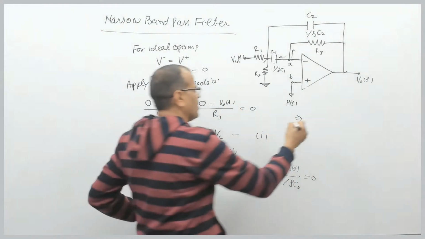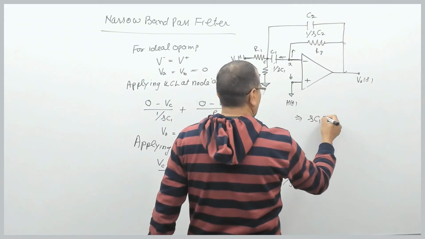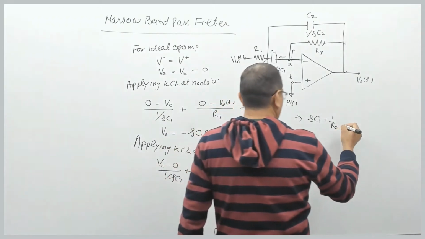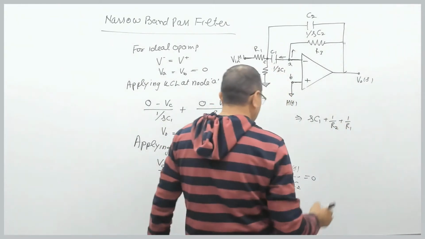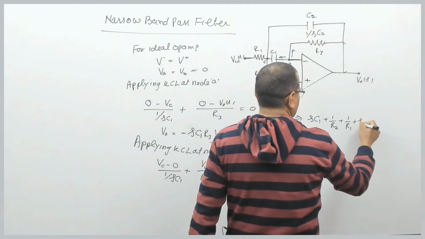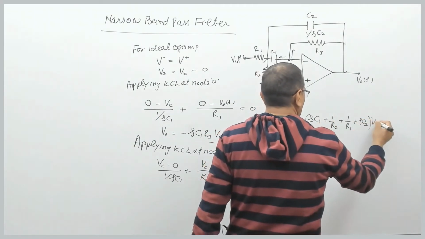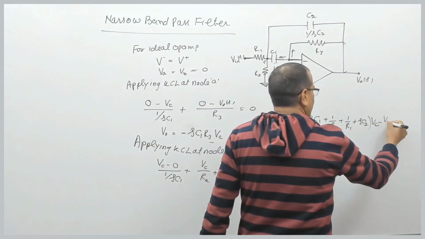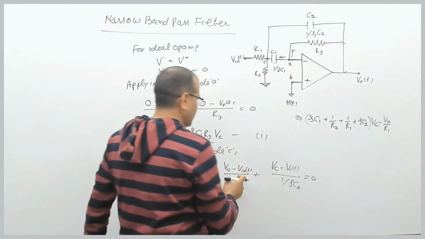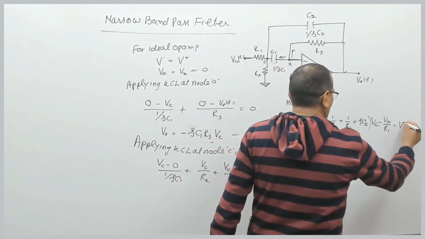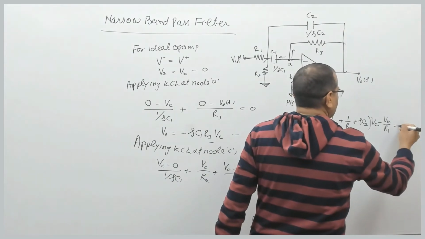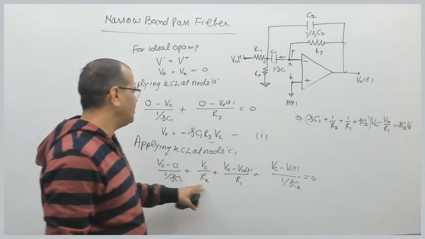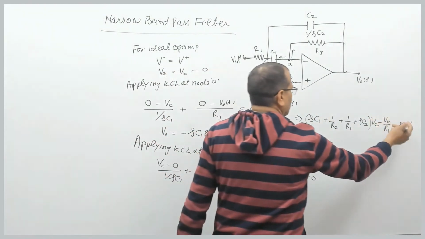We have SC1 VC plus 1 by R2 VC plus 1 by R1 VC plus SC2 into VC. All terms, you separate VC minus Vin by R1, that's this term, and that is equal to V0, or I can say SC2 V0. I hope that's clear. I have simplified this equation. V0 we have taken on that side, right?